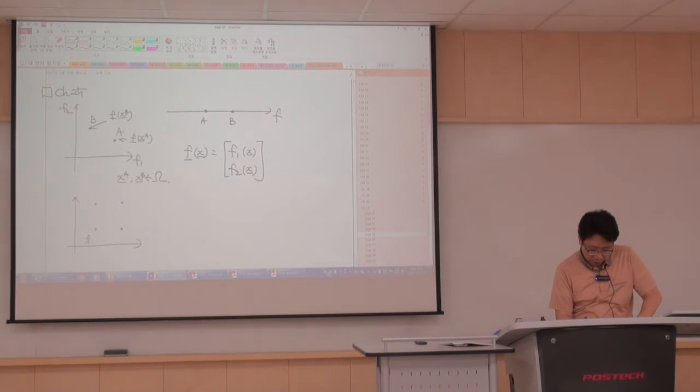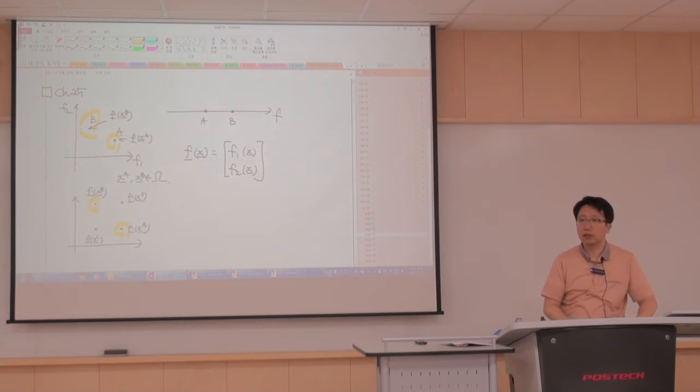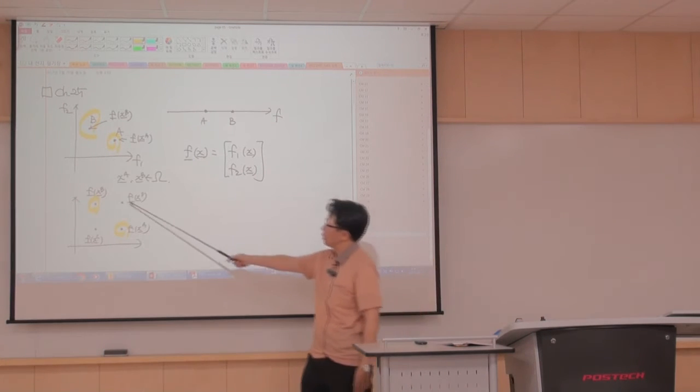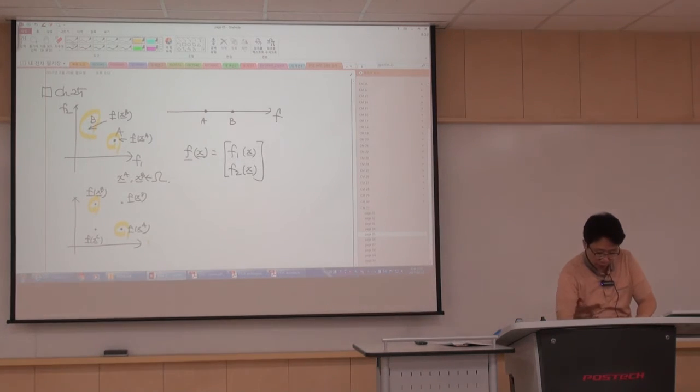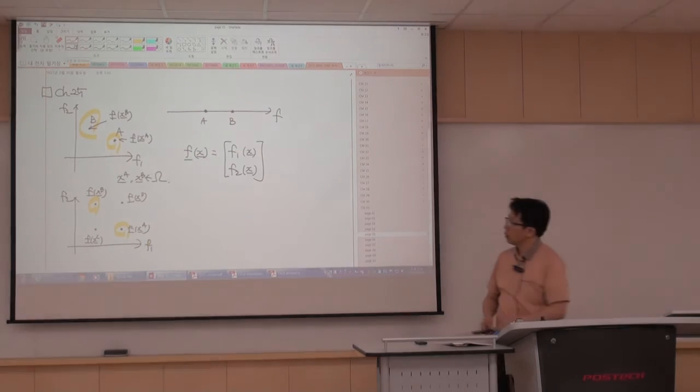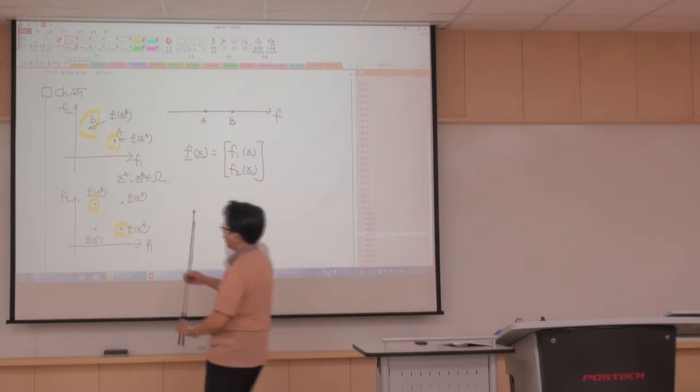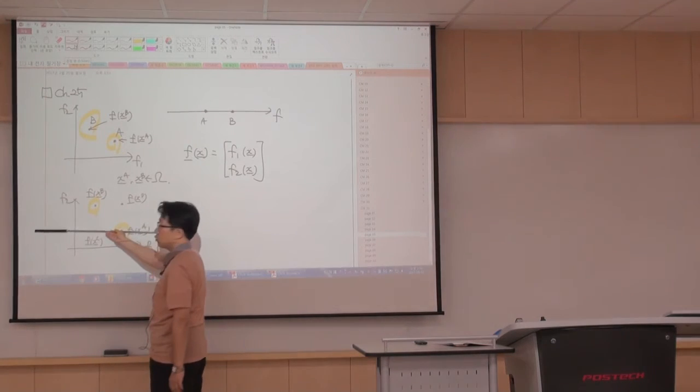This is f of xc, f of xd, this is f of xa, this is f of xb, okay? So I just copied these two here, but introduced 2 more points. This is the f1 axis and this is the f2 axis. Now I assume that the f2 values of these 2 points are the same.